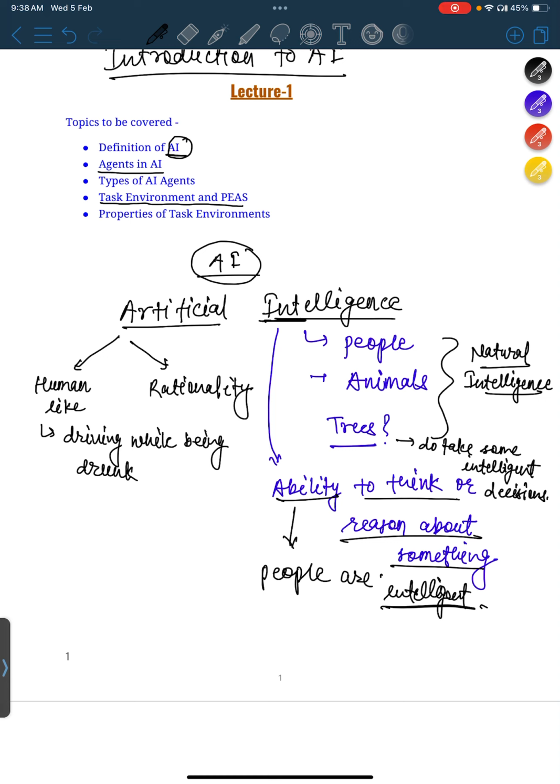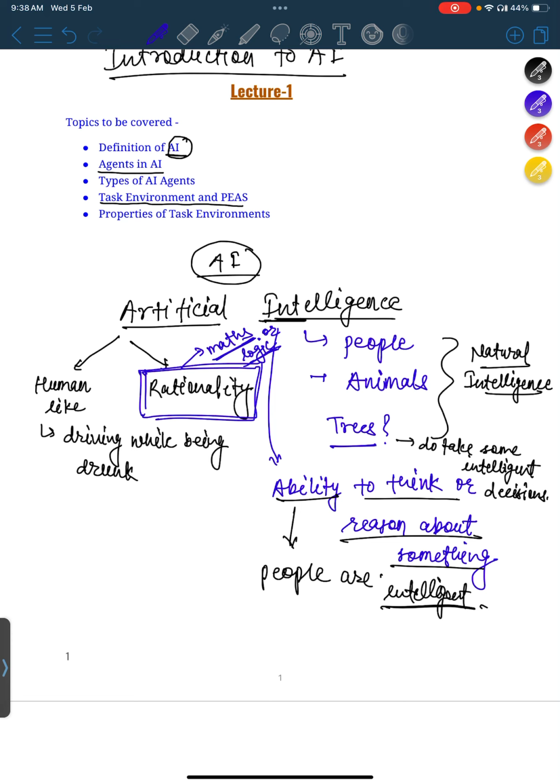That's why we introduce the concept of rationality, and we define our AI system based on it, so that it should take rational decisions or think rationally. This rationality is more based on mathematics, or should I say logic. So it is defined based on a logical way of thinking.